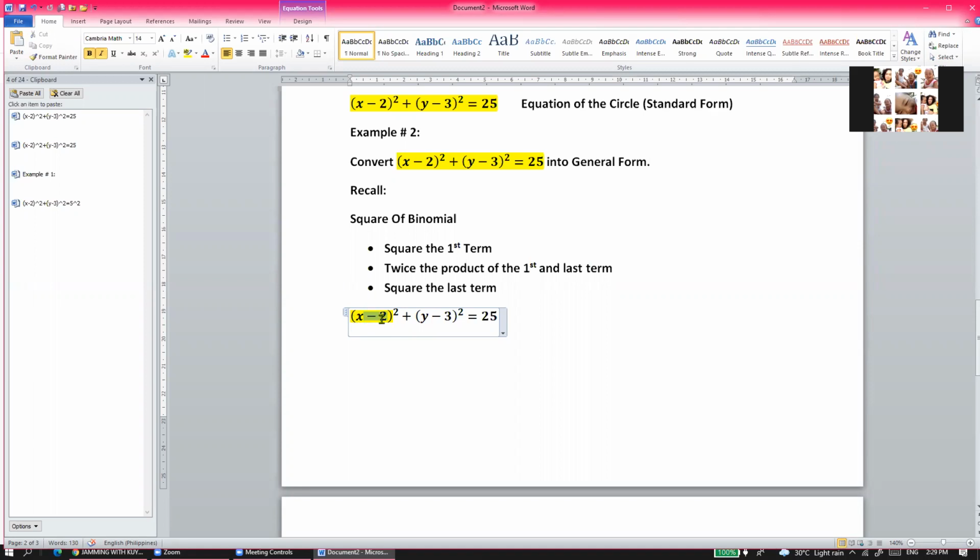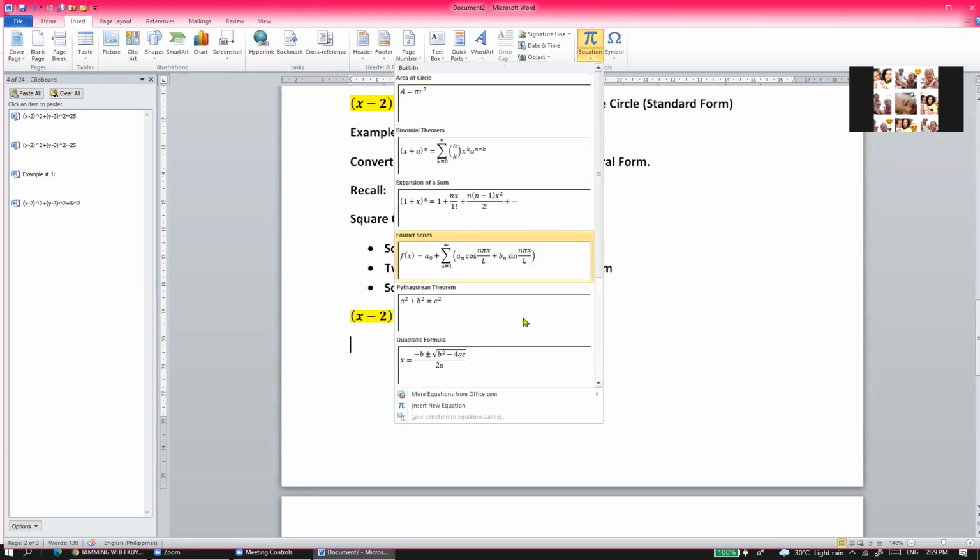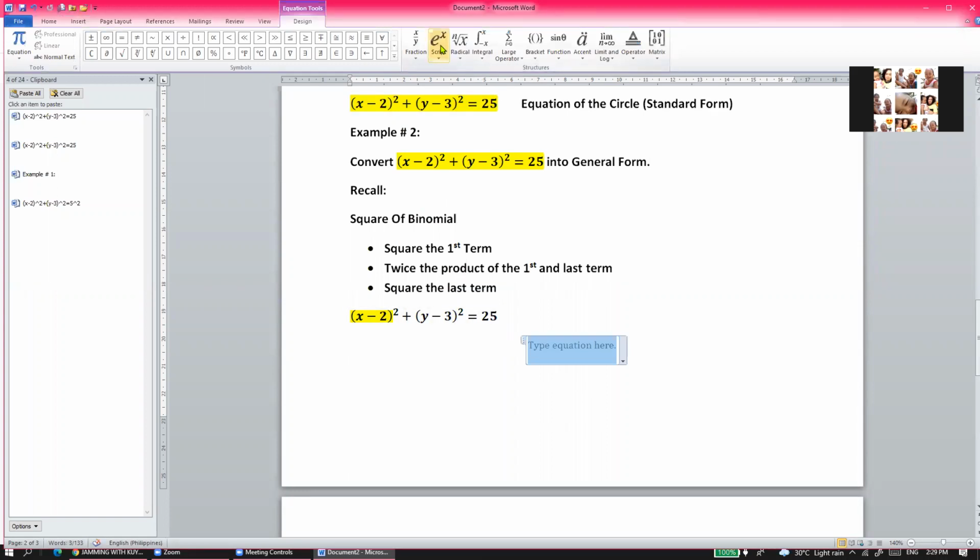For the last term, if I square negative 2, we have positive 4. Therefore, the square of binomial x minus 2 becomes x squared minus 4x plus 4. Wala nang problem dito sa naka-highlight na yan.